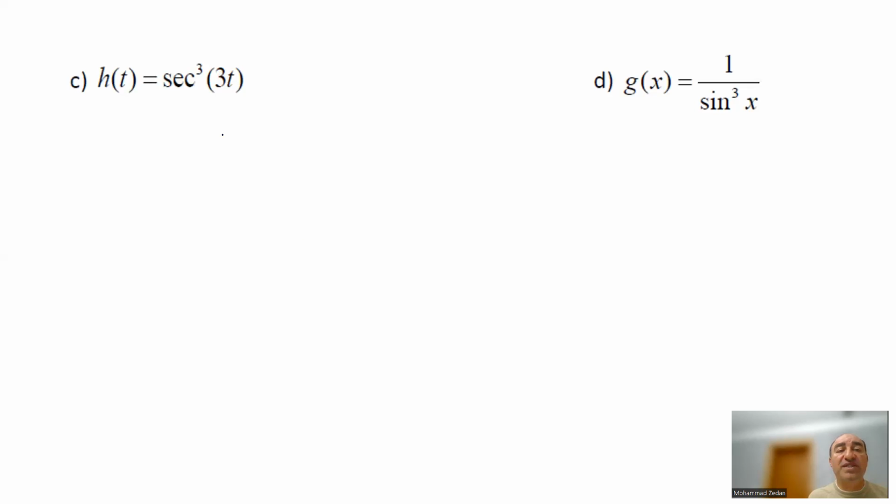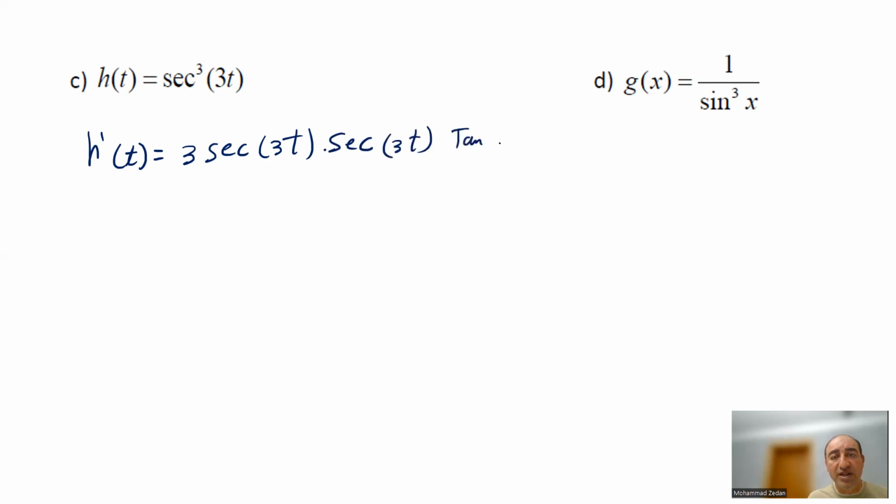Okay, continue. Secant cubed 3t, so h prime of t now is equal to 3 sec squared 3t times the derivative of secant, which is sec tan, so I have sec 3t tan 3t multiplied by the derivative of the angle 3t, which is 3.